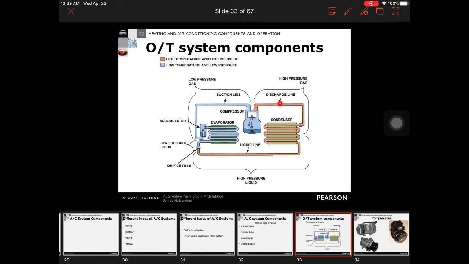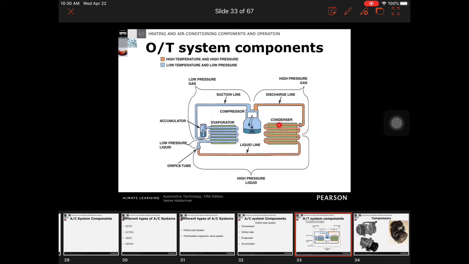About half of this system is red, and about half of this system is blue, okay? So we can split an air conditioning system into two sides: the high pressure side, which is red, and the low pressure side, which is blue.